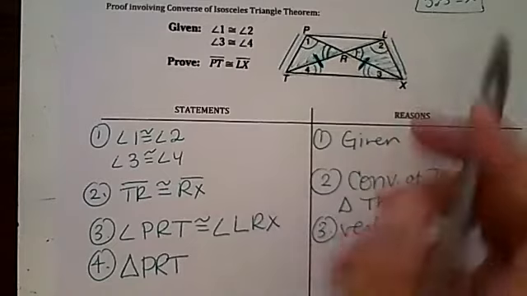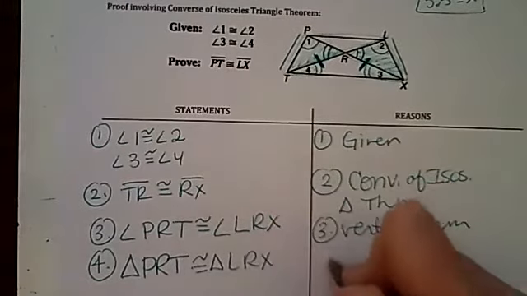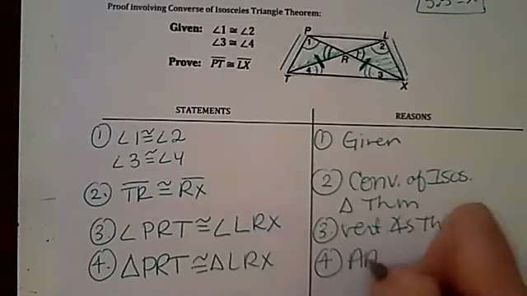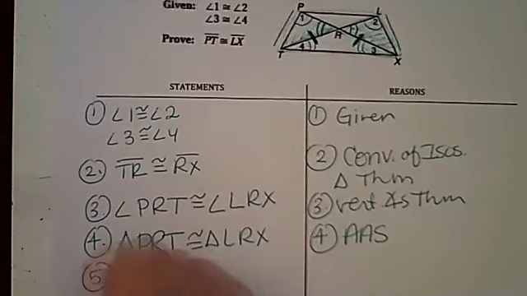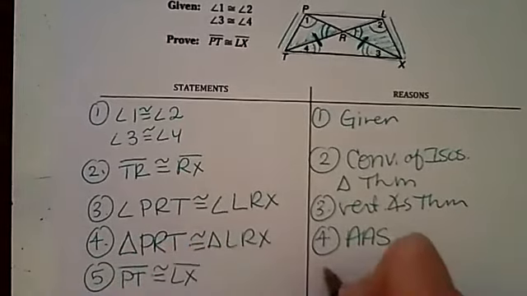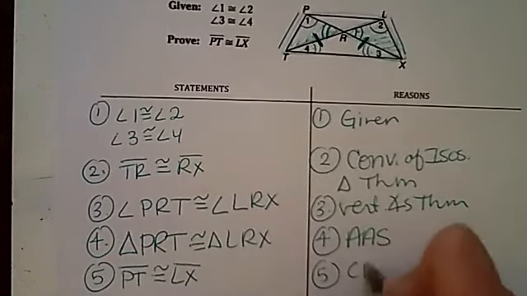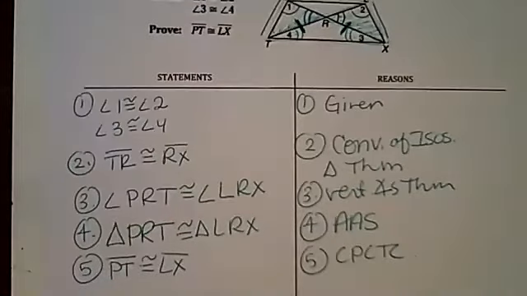So LRX. And so that's angle, angle, side. And then lastly, we can say that PT is congruent to LX, and that's CPCTC. And so that's it for that one.